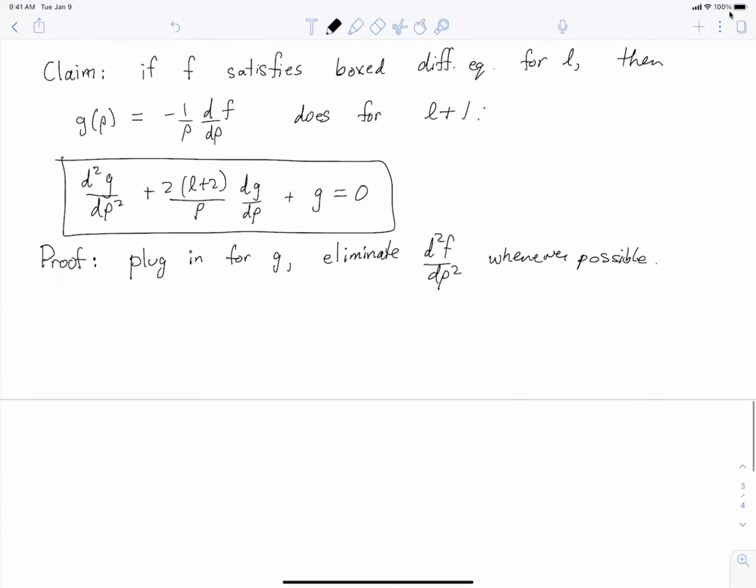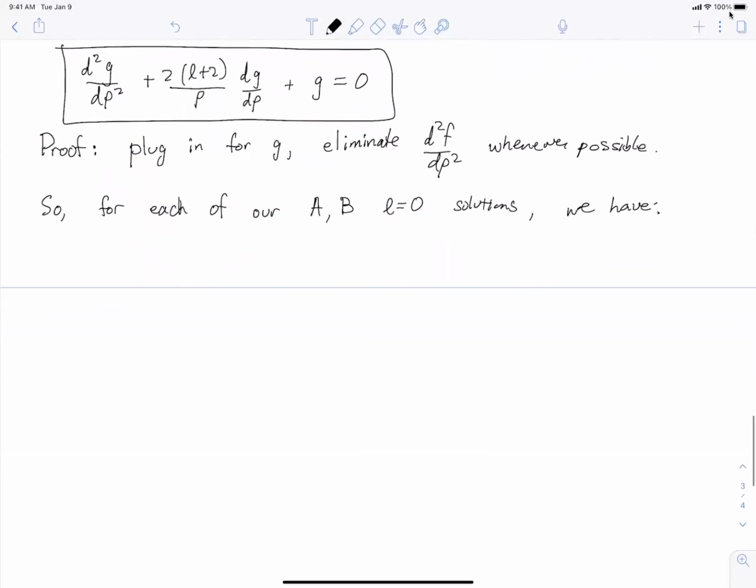Okay, so what does that mean? That means for each of our solutions at L equals 0, and remember we're calling them A and B, okay, we have, first of all, we have an equation for L equals 1 solution.